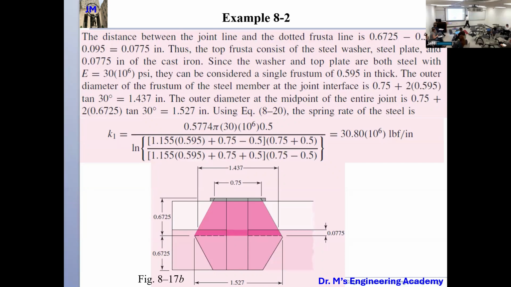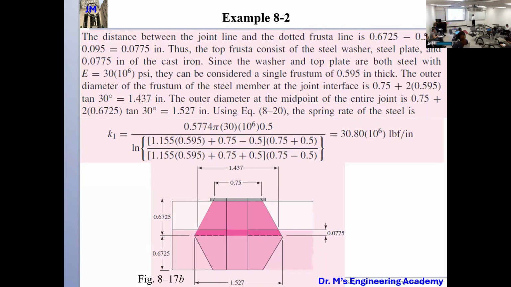You also know this is symmetric about the center line. So the total diameter on this plane, look at me, will be 0.75 for here. So this is the diameter. Since this is symmetric, this is also 30 degrees.